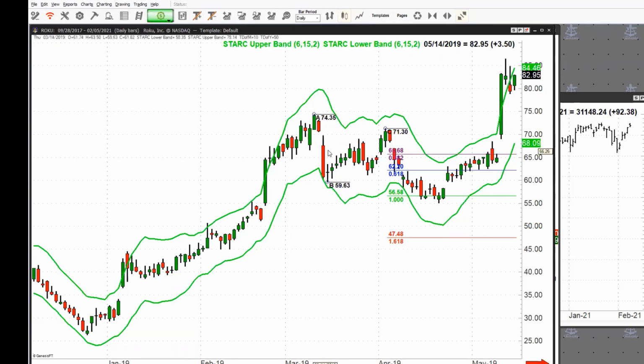If you look at the numbers, you can just subtract them, and you'll get roughly about $15, and then you subtract that amount from 71.30, and you'll get like 56.30. The target was 56.58, and the actual low was 55.02, right down in here.